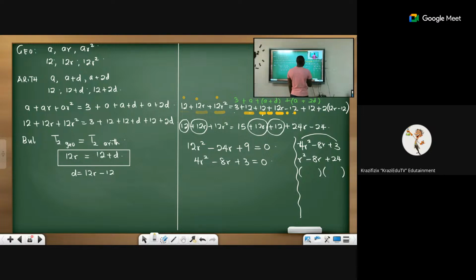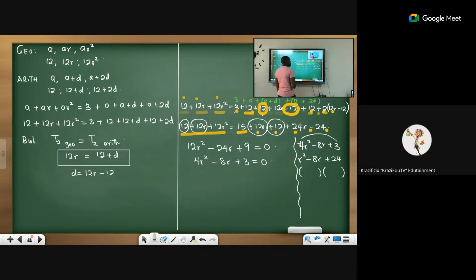That's fine with us, because our D is 12R minus 12 plus A plus 2D. Okay, that's fine. Let's make sure we are on the same page. What did we do? We left this like that, and then we simplified by saying 3 plus 12 gives us 15. This 12 took out that 12. We brought the 12 in. We said 2 times 12, 24 minus 24.